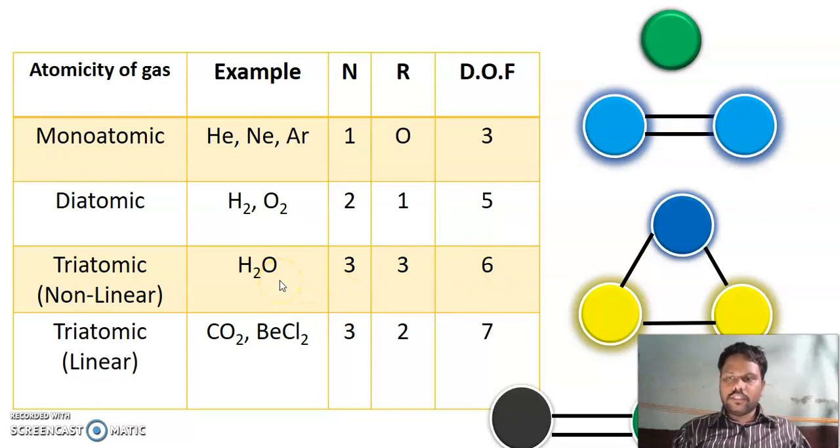Example: water. For a triatomic linear molecule, the degrees of freedom is 9. However, if there are 2 constraints, then the degrees of freedom reduces from 9 to 7. From this, we understand that the number of degrees of freedom decreases with the number of constraints present in the system.